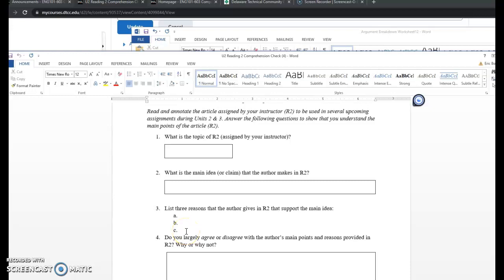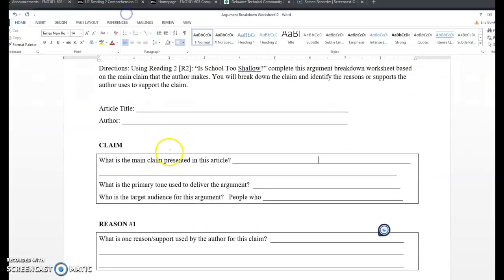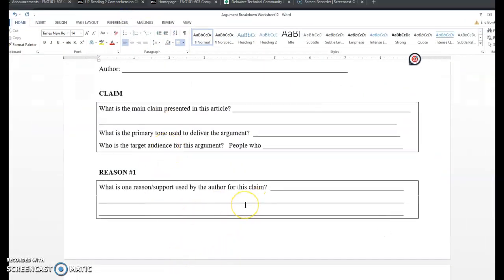And so I want to make sure in this sheet that we're really breaking down the argument, that you're coming up with reasons and supports that actually support the claim. So if you say that the main claim of the whole article is that schooling is too shallow, that not enough is being done to instill critical thinking in education, and you write as one of your reasons something from the article like, lots of schools have tried to or are currently implementing programs that involve critical thinking, that doesn't support your claim.